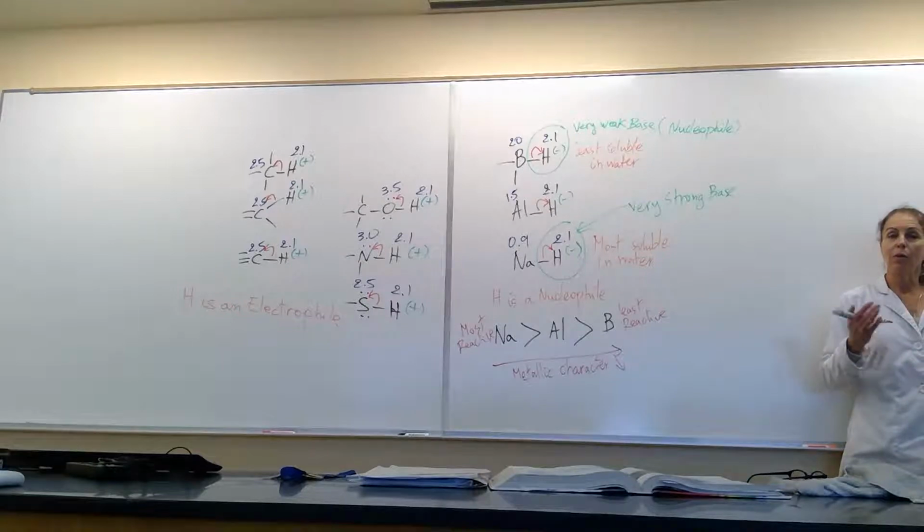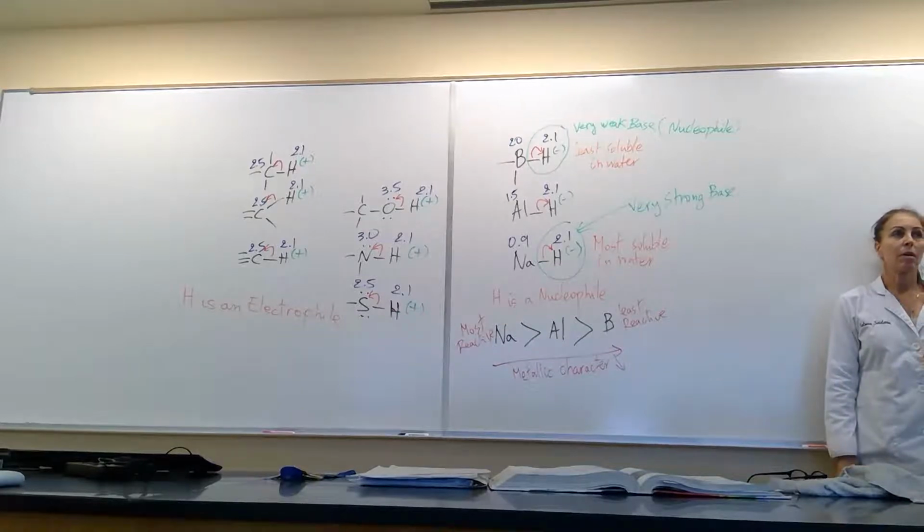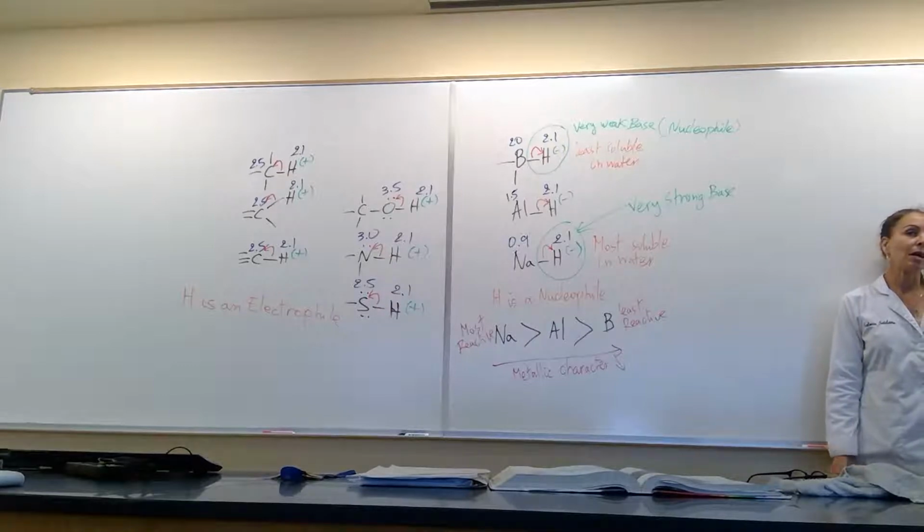When we use the terms nucleophile and electrophile, what do we use? What is a nucleophile? What is the Lewis base? It's a substance with a lone pair. What is a Lewis acid? A substance with an empty orbital. So if it has an empty orbital, it is an electrophile. If it has a lone pair, it is a nucleophile.